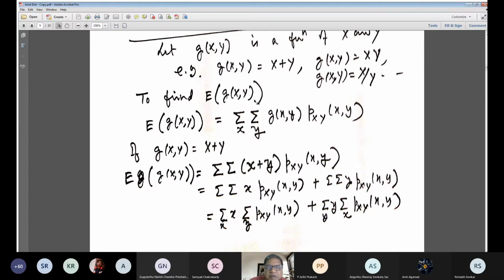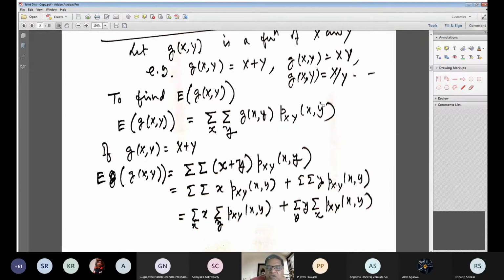Usually the expectation of any function of X and Y, say g(X,Y), is defined as the double summation over x and y of g(x,y) times the joint probability. This is the general definition, and it is true for any function of X and Y.